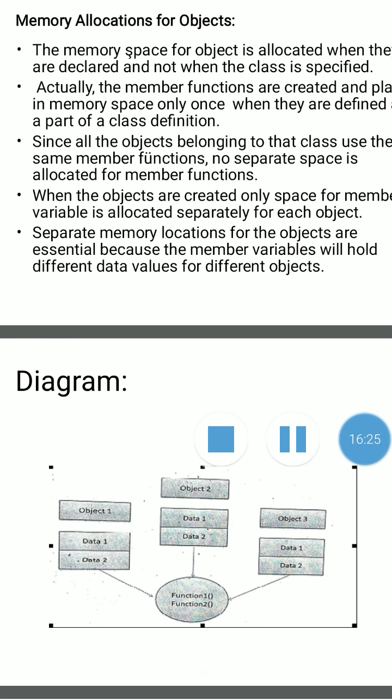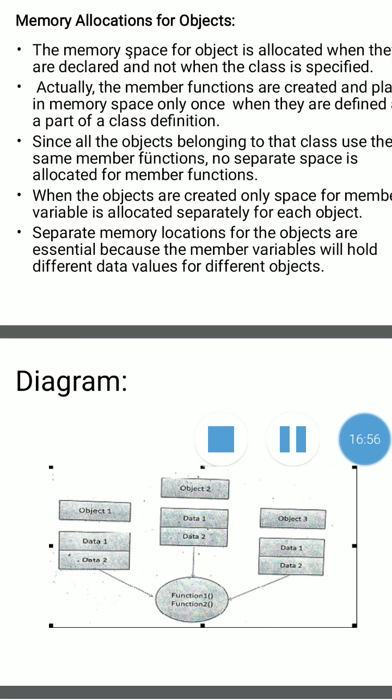But the functions, get data and display data, perform the same operation for all 60 objects. So these functions are created and placed in memory only one time, not 60 times.